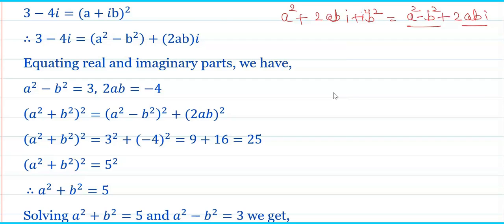What is that method? I will express a square plus b square bracket square in terms of a square minus b square bracket square. How is it?